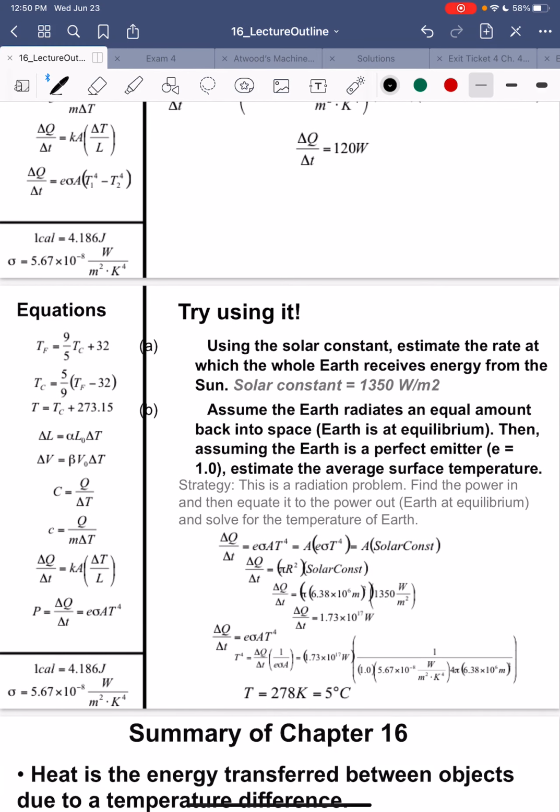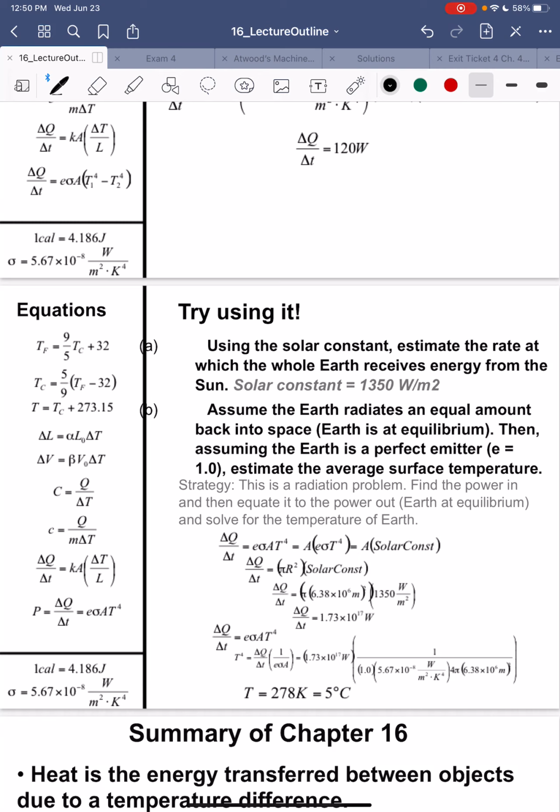First we will find the power, which is delta Q over delta T. We have e sigma A T to the fourth, and this is going to be A times the solar constant.